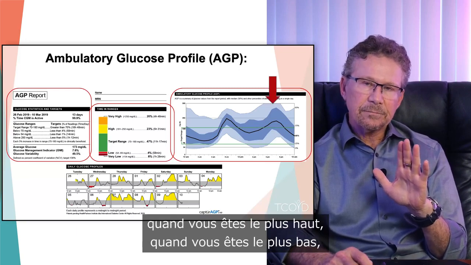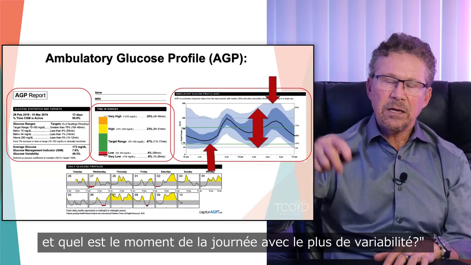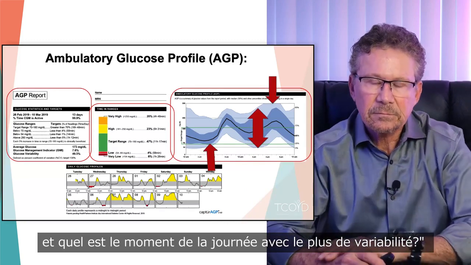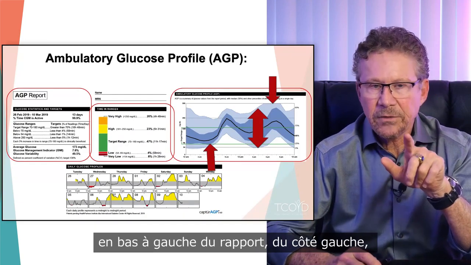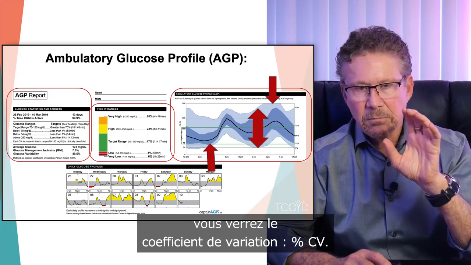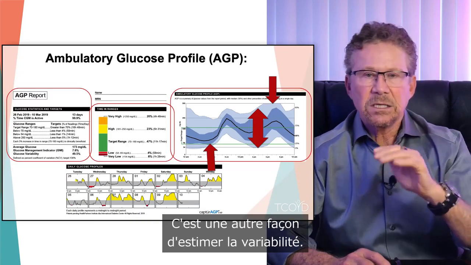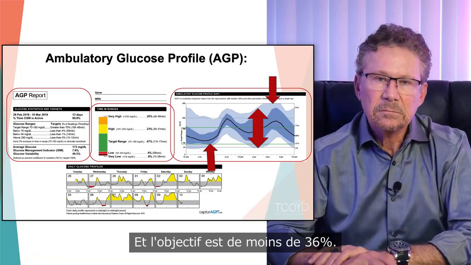When you're the highest, when you're the lowest, and when is the standard deviation the greatest. Now, when you look at the ambulatory glucose profile, in the lower left under metrics, you'll see coefficient of variation, percent CV. That's a different way of looking at variability. And the goal is less than 36.